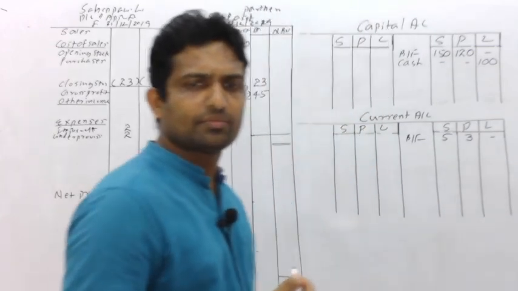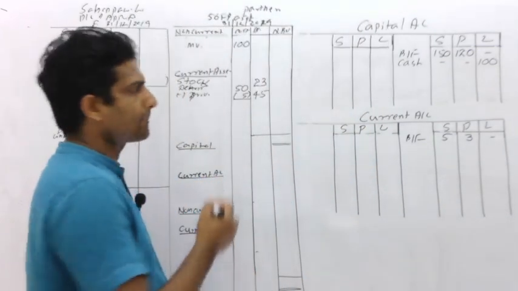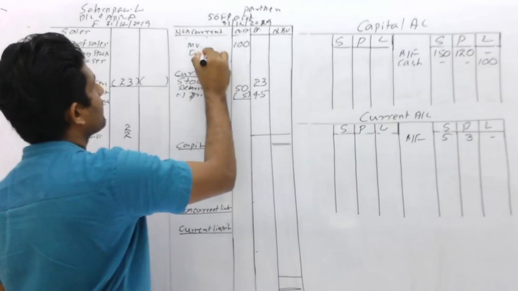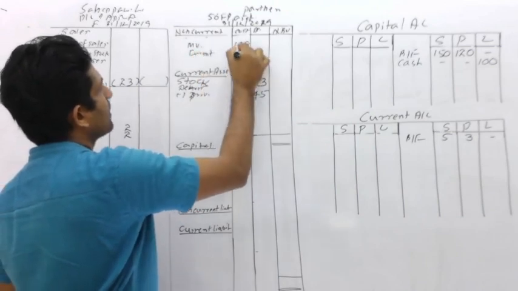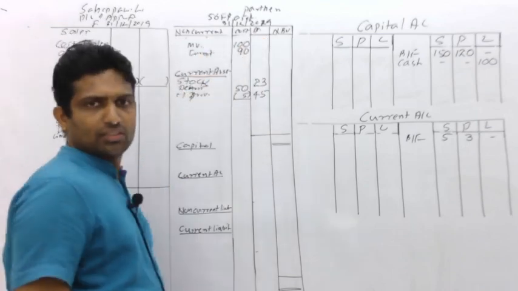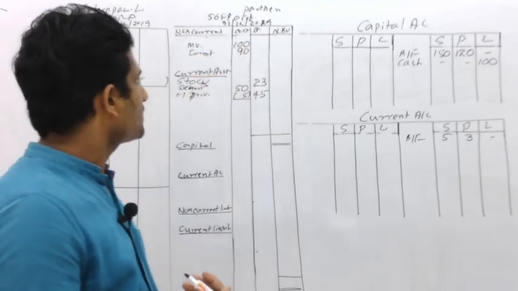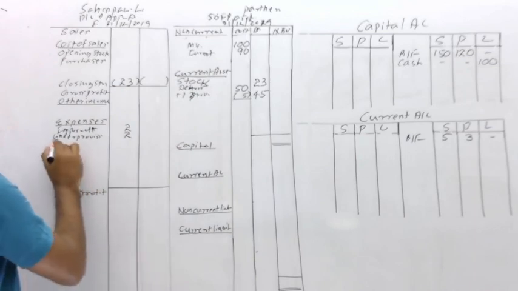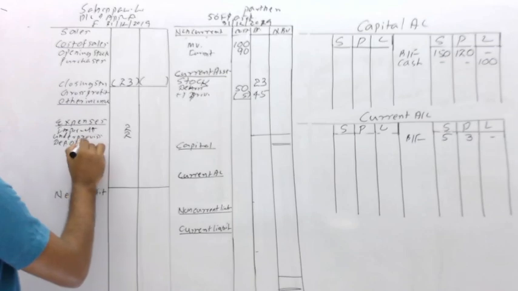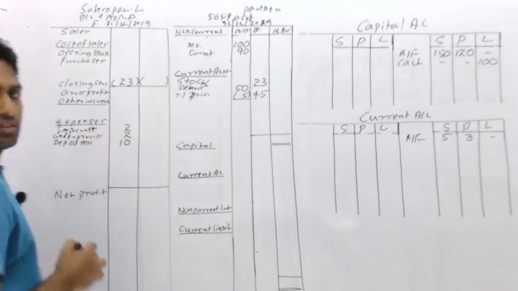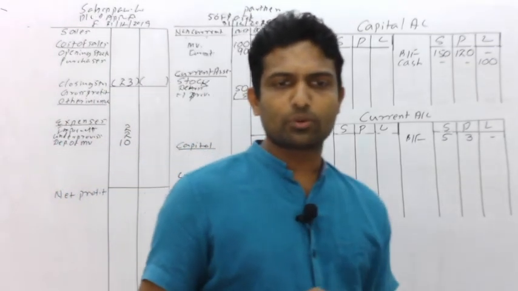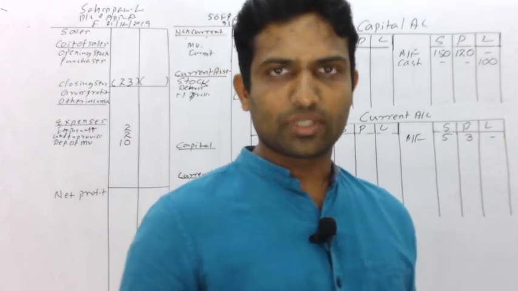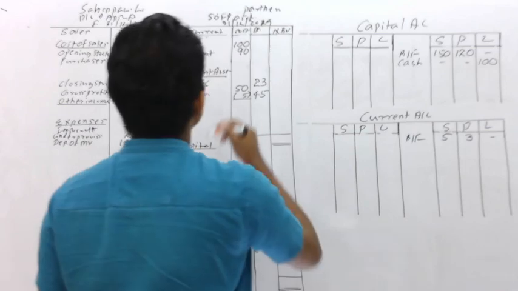Furniture 90. These are 10%. 100 into 10% that is 10. The depreciation of motor vehicle is 10. That plus opening provision of motor vehicle 20. 20 plus 10 is 30.